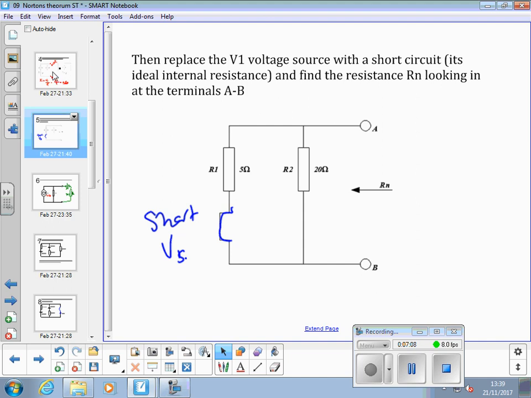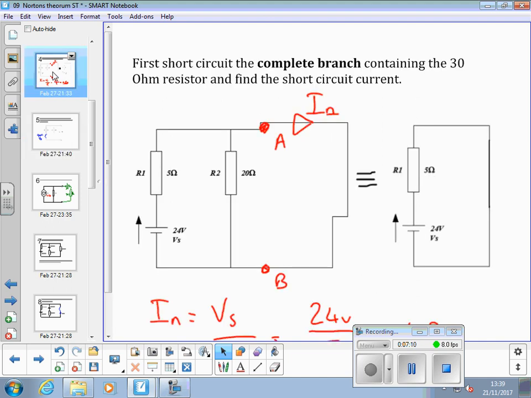Well, yeah, if you look at that circuit, take that short away, looking back in there is a parallel circuit between the 20 and the 5. If you short the voltage source out, agreed? Yeah.